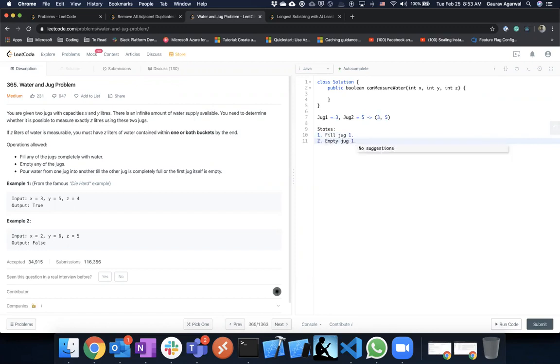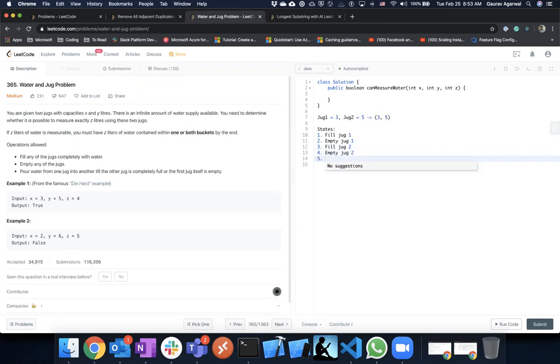In a similar way, we can fill jug 2, we can empty jug 2. The first and third satisfy the first operation, the second and fourth satisfy the second operation.